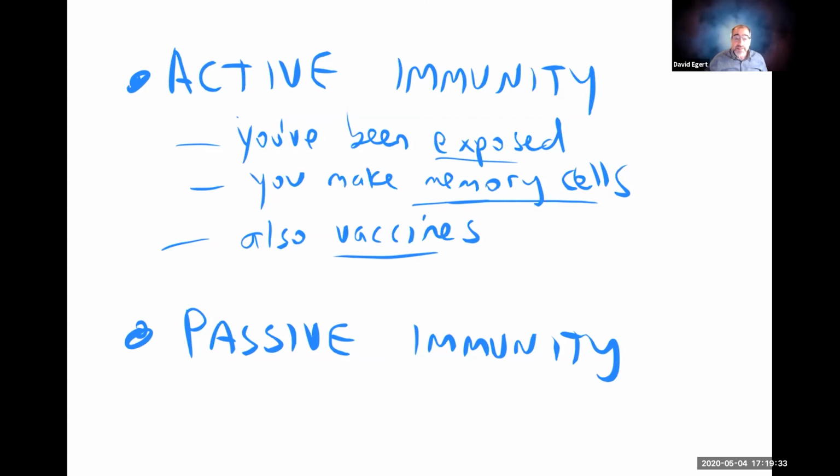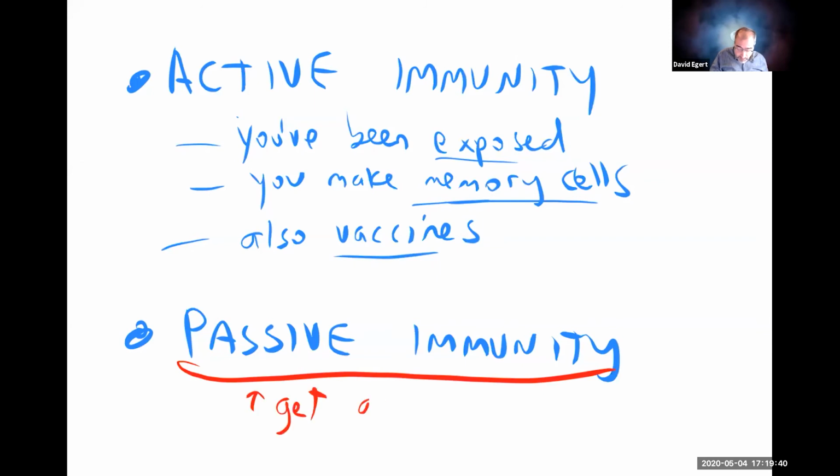But it was passive immunity, because you basically get antibodies, but you don't make memory. So six months later, after the antibodies had cleared out of their system, they were vulnerable again.